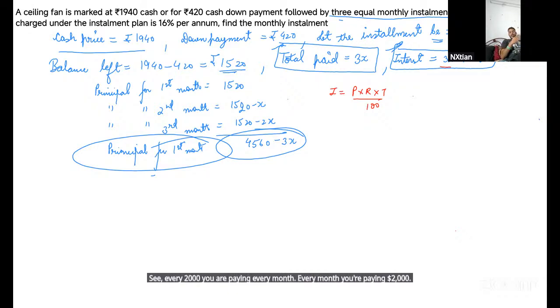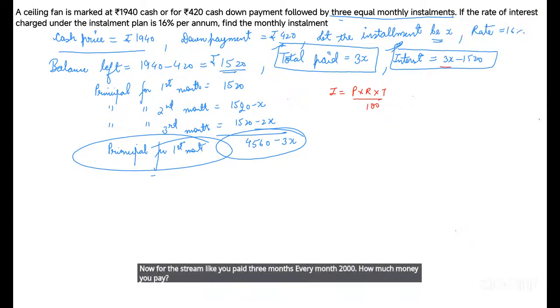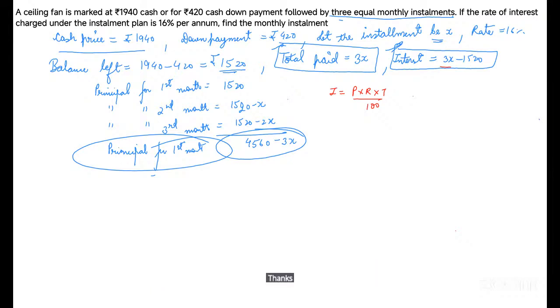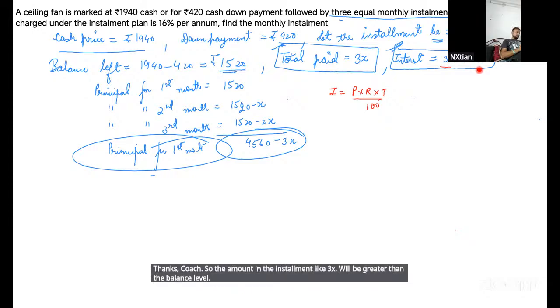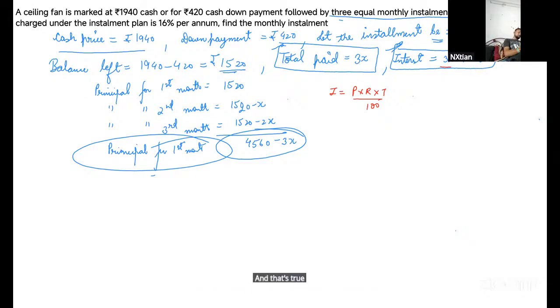Now for three months, every month 2,000, how much money did you pay? 6,000. So the amount in the installment, like 3x, will be greater than the balance left. Understood? Yes, understood.